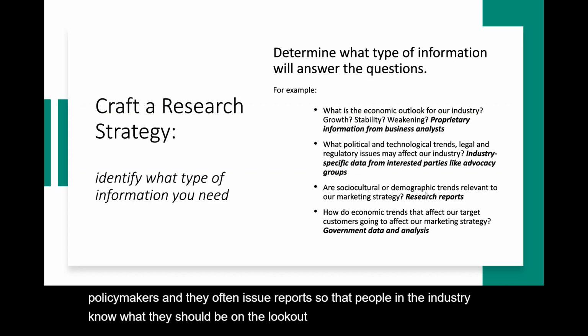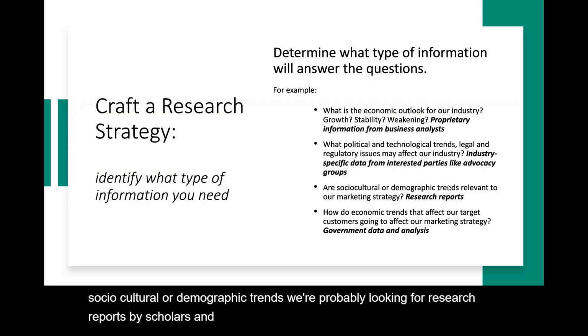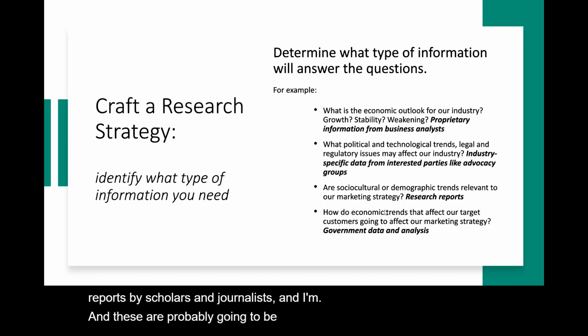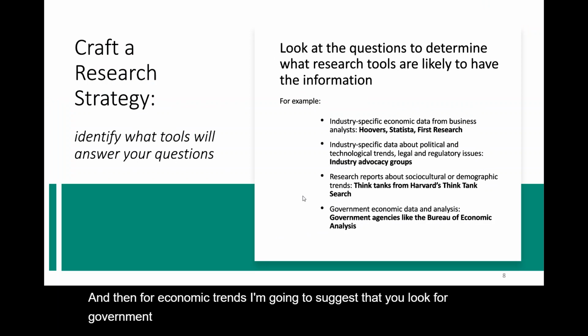If we're looking for socio-cultural or demographic trends, we're probably looking for research reports by scholars and journalists. These are probably going to be in either library databases, our article search, or think tanks. And for economic trends, I'm going to suggest that you look for government data and analysis.